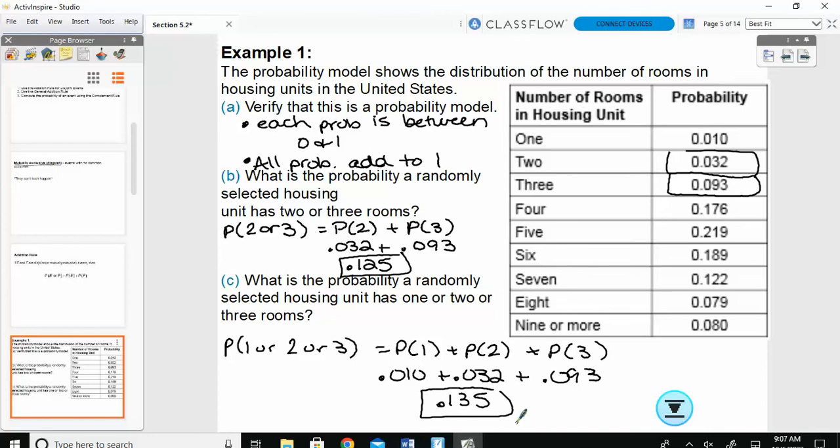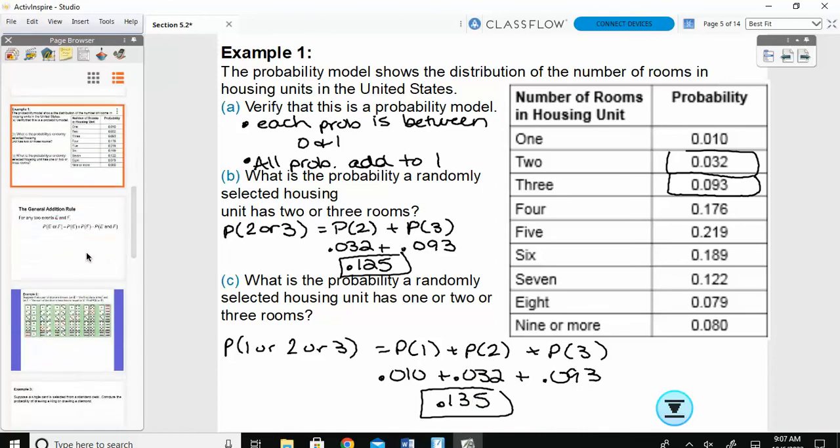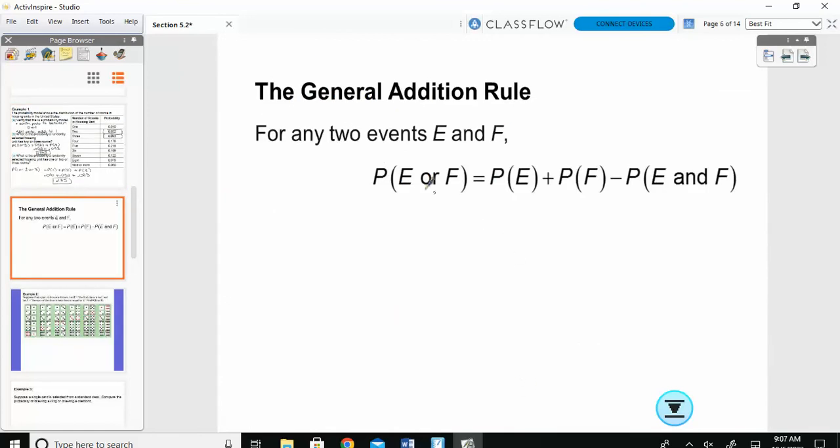So if you're looking on your formula sheet, this is the general addition rule, the last bullet on that first page. So this is for any two events. Or means add. So the probability of one or another. You add them up, and then you have to subtract those people you double counted. So subtract off the probability that you are both.